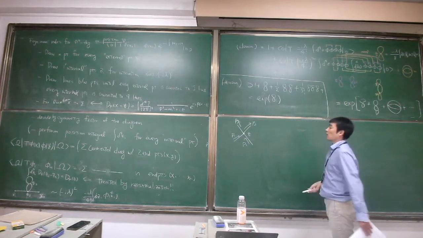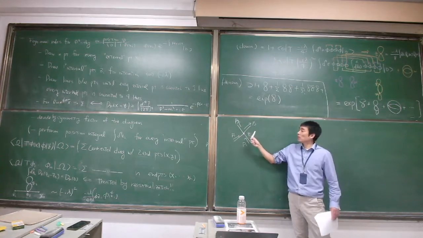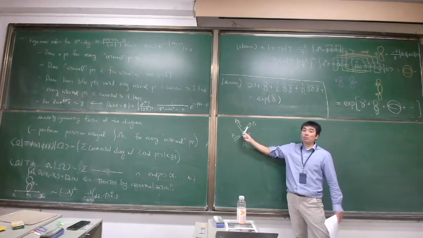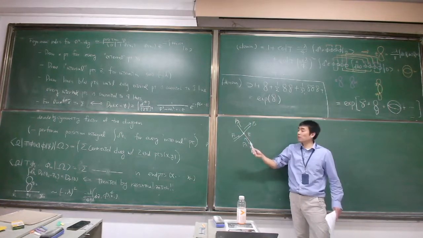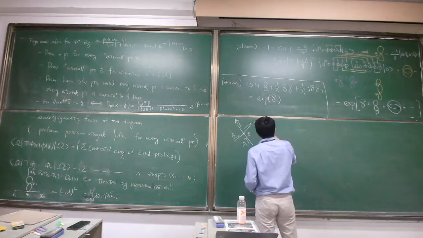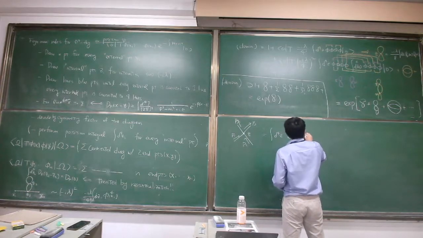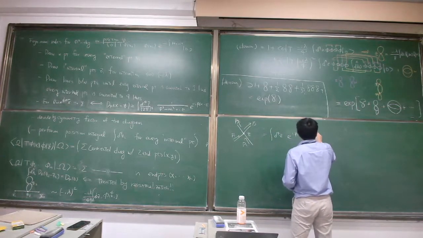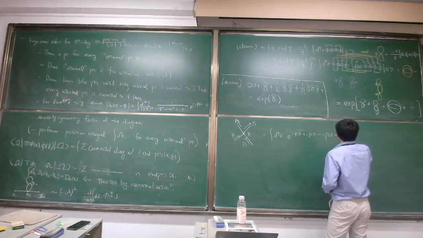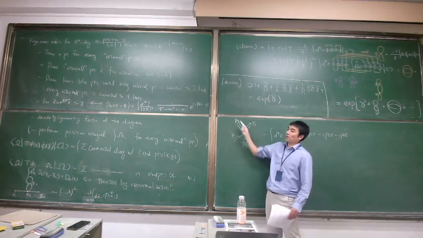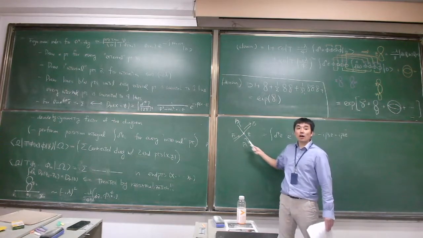Be careful about the orientation of the arrows. p1 is incoming, and p3 and p4 are outgoing from the internal point, and that will give you e to the i p1 z plus i p2 z minus i p3 z minus i p4 z. So p3 and p4 have a minus sign because they are outgoing, and p1 and p2 are incoming.